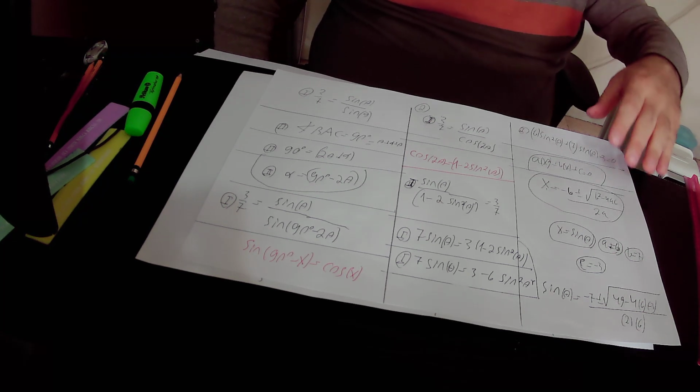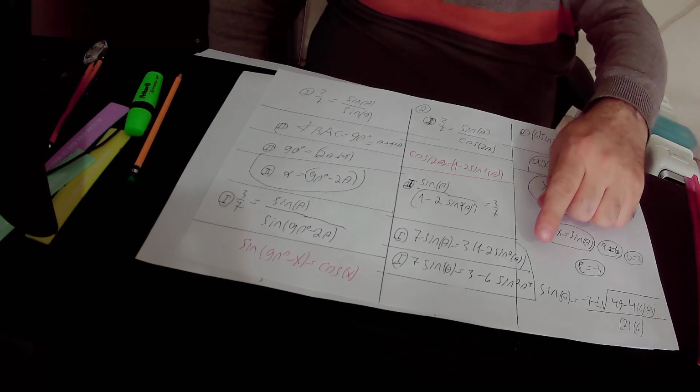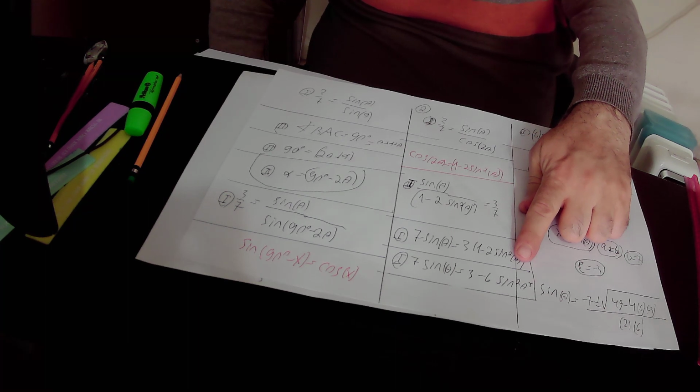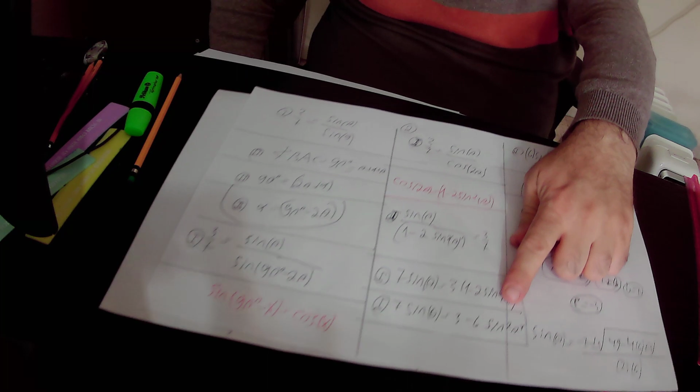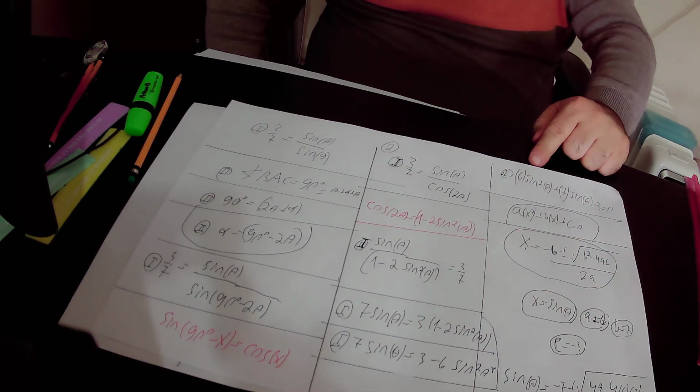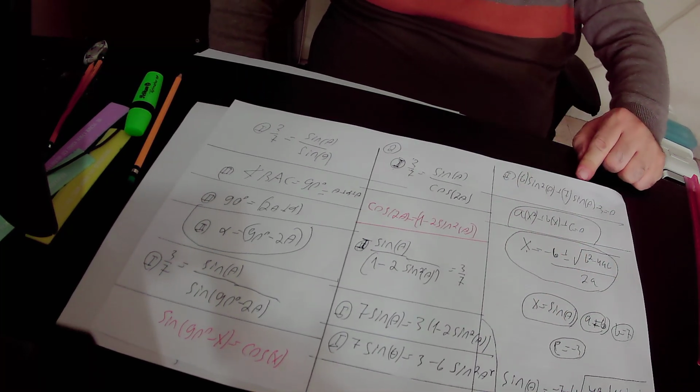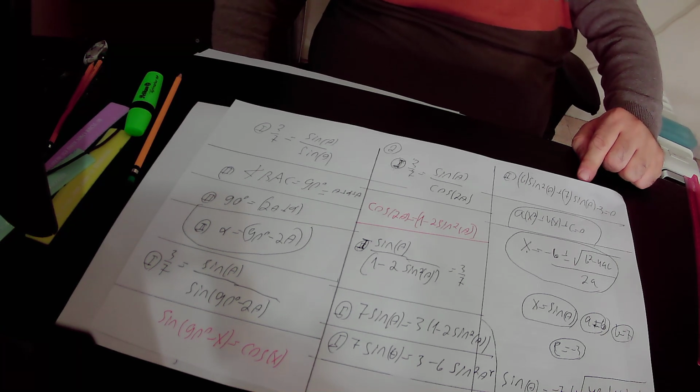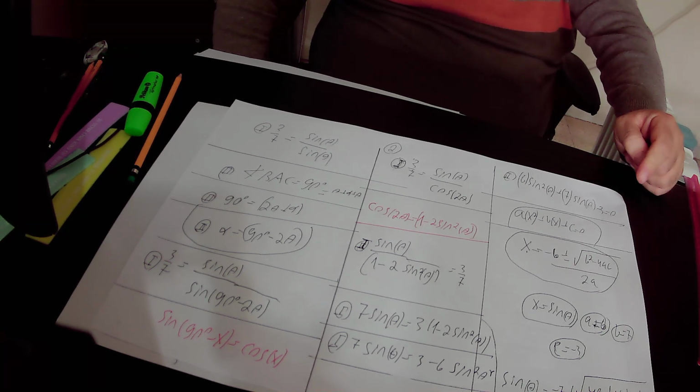Here we added to this equation 6 times sine square theta, and we subtracted 3, and we got the quadratic equation that states that 6 sine square theta plus 7 times sine theta minus 3 equals 0.